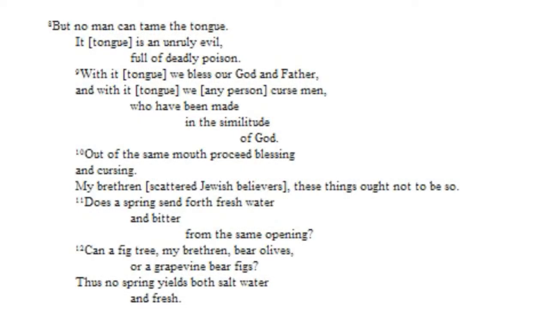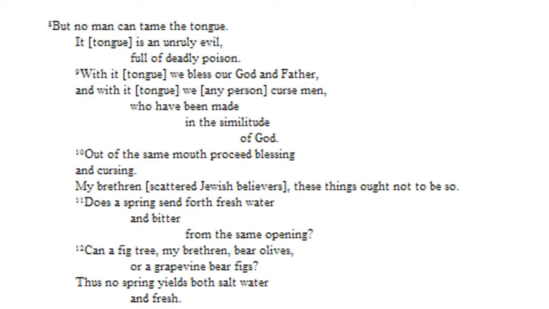So you see all 12 verses that I covered in this passage. And what you see is, but no man can tame the tongue. Everything else after that, verses 9, 10, 11, 12, is supporting that one part, because he's now going to describe the tongue. It's an unruly evil.